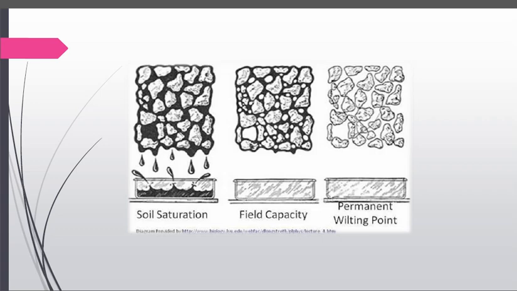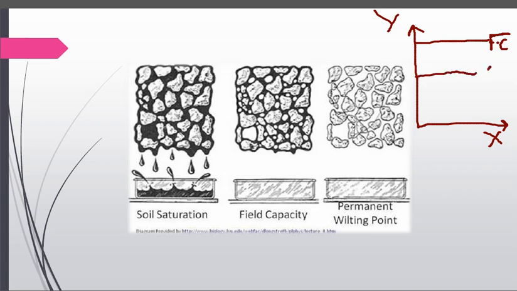So we are talking about the diagram of field capacity. You can see here, this is our x-axis and this is our y-axis. This is field capacity, basically. This is OMC. And this is PWP, permanent wilting point. We have studied these things in your earlier semesters in water resources or in irrigation.